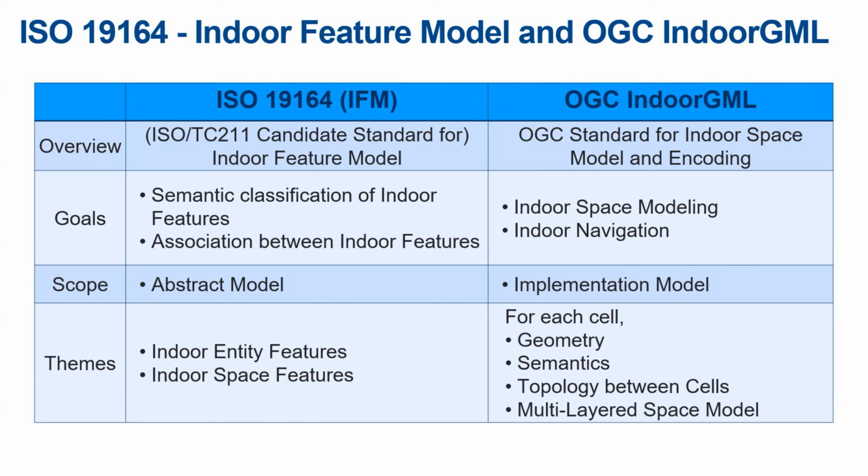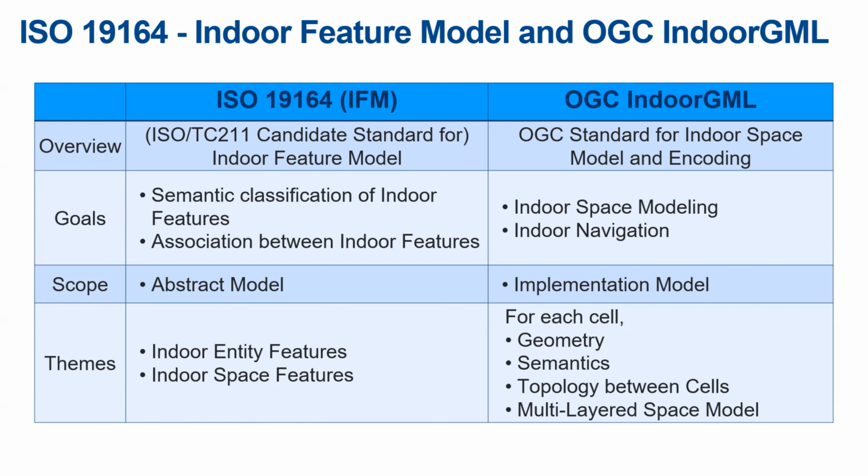The themes included in ISO 19164 are, first, indoor entity features, and second, indoor space features, while IndoorGML includes the geometry model, the semantic model, the topology between cells, and also the so-called multi-layered space model.